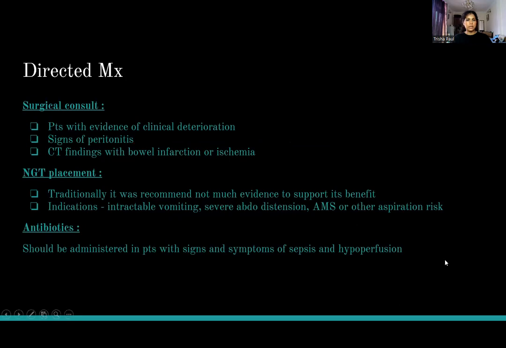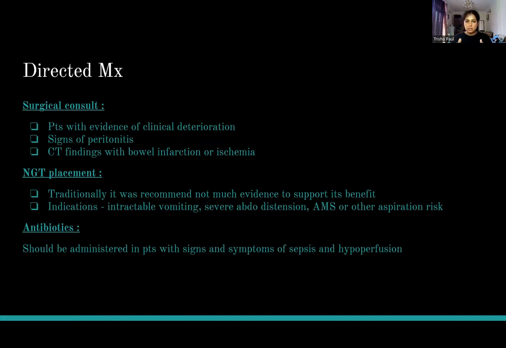And directed management. So surgical consult is necessary, especially for patients with evidence of clinical deterioration, signs of peritonitis, and CT findings of bowel infarction and ischemia. So should you use an NG tube? Traditionally it was recommended, but there's not much evidence to support its benefits.